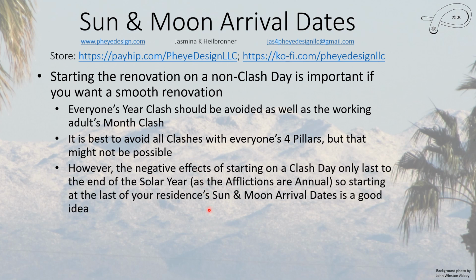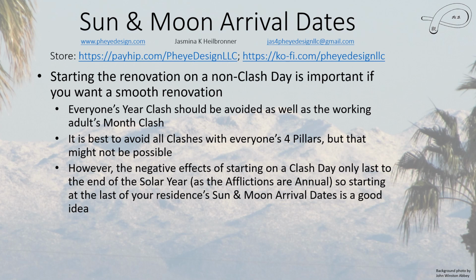So basically, if somebody has to sacrifice something because you've got too many different animal signs, using the last date of a given year for the sun and moon arrival dates is a good idea, because some of those can be 3, maybe 4 months before the good date arrives.